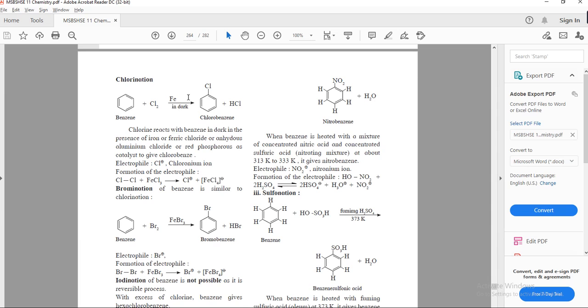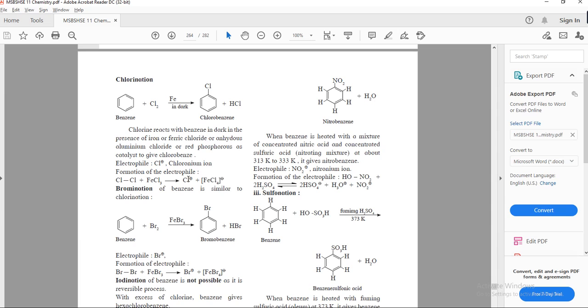They are catalysts, not participating in the reaction; they provide the condition and speed up the reaction. The Fe catalyst is used to break down Cl2, so in the first step Cl positive is formed, generating the electrophile.